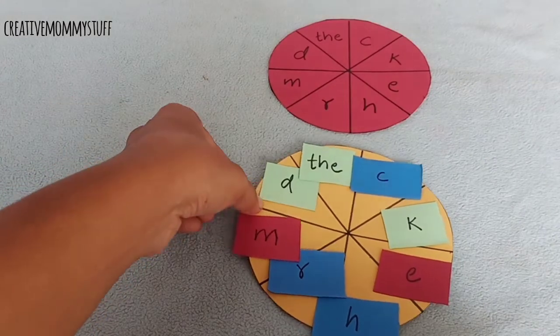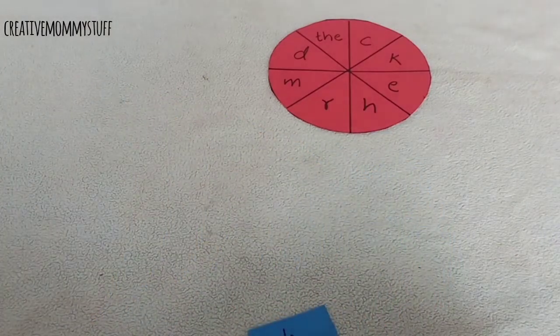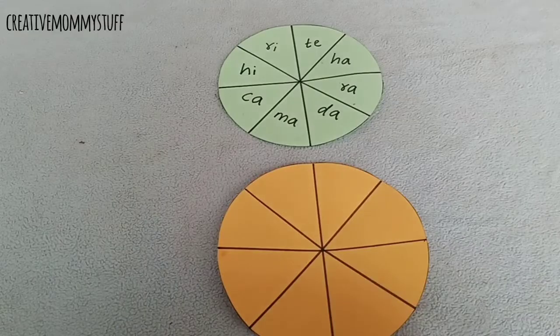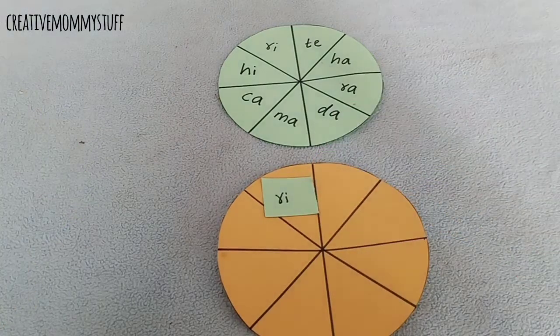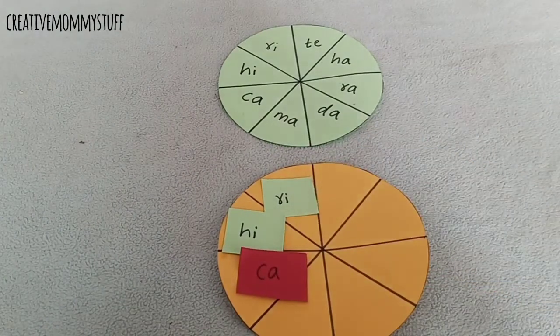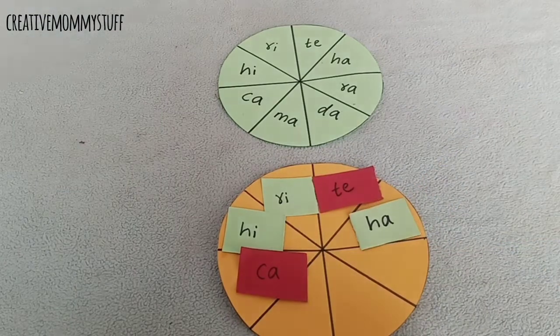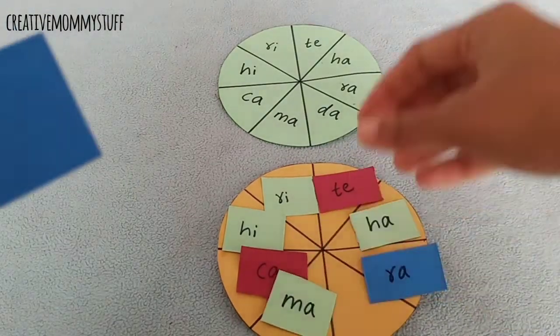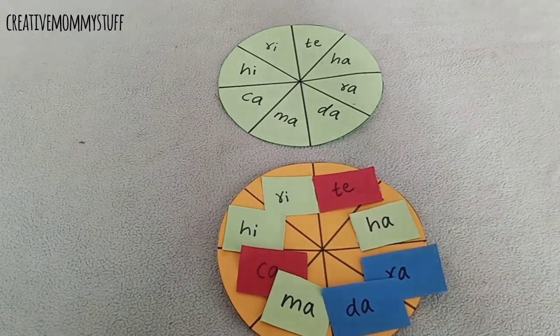Now let's see with the next card. Next, we will practice this with CV words. Again we will take it like this and place it accordingly. So ta, ha. Kids can just match it, and this is a really fun and interesting way to teach kids.